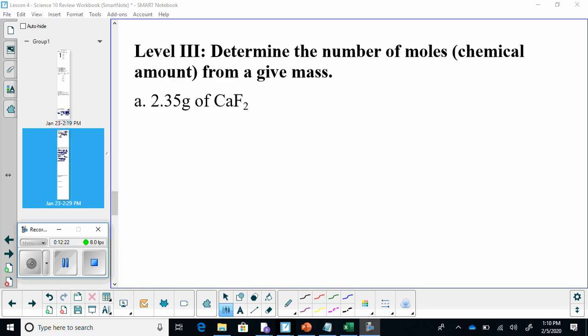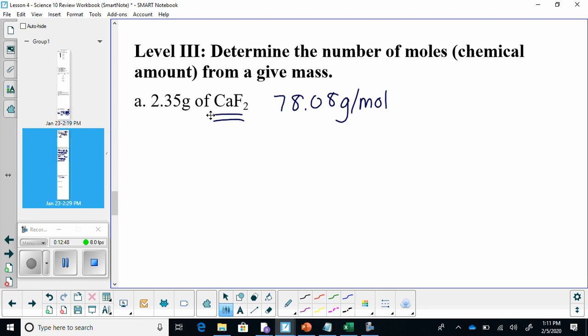Okay, so determine the number of moles, or the chemical amount, from a given mass. First thing we do is we write a chemical formula. We already have one provided, so we do not need to do that. Then we calculate our molar mass. Molar mass for calcium fluoride is 78.08 grams per mole.